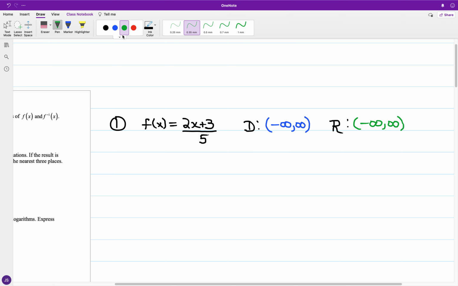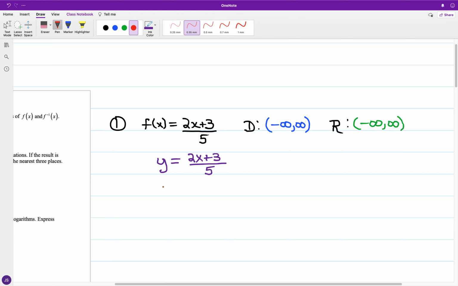So just looking at what we have, we have f of x equal to (2x plus 3) over 5. Again, this is a way of writing y is equal to (2x plus 3) all over 5.